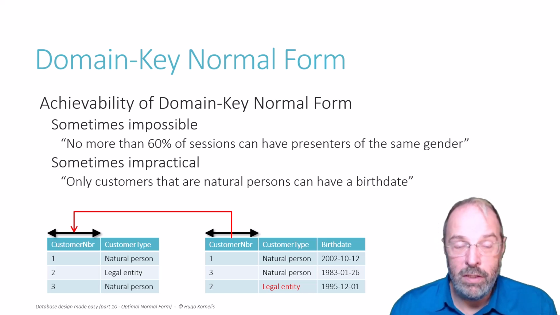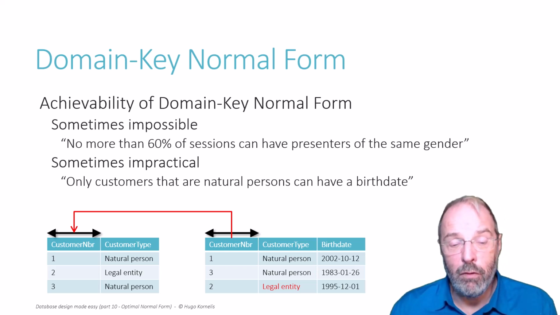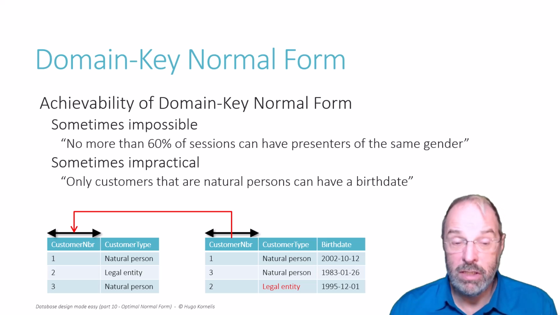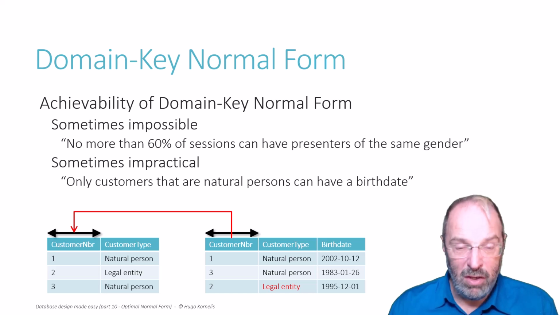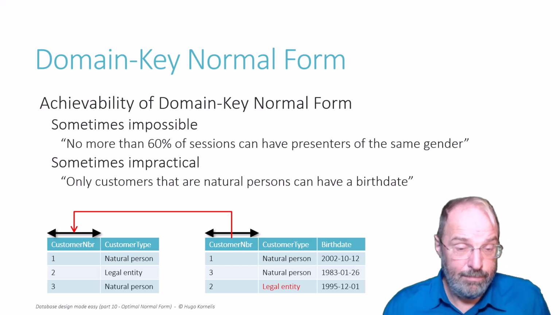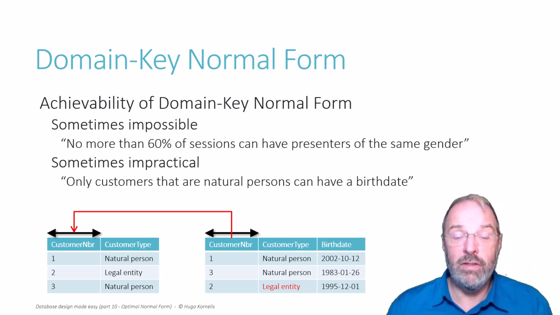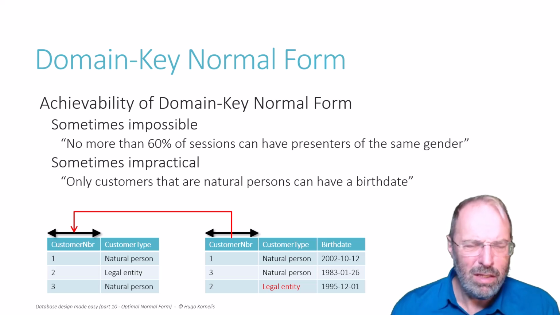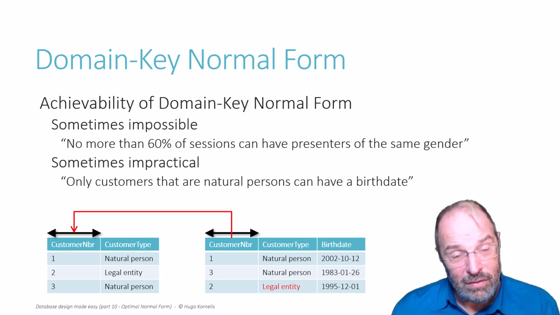And now this domain, this check constraint, will enforce the rule that only natural persons can be in the natural person table, and hence the birth date can only be stored for that customer. All right? Well, no, we're still not there yet.